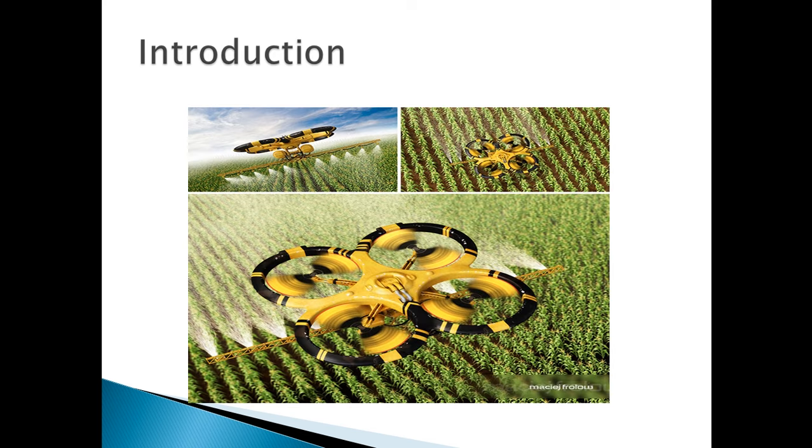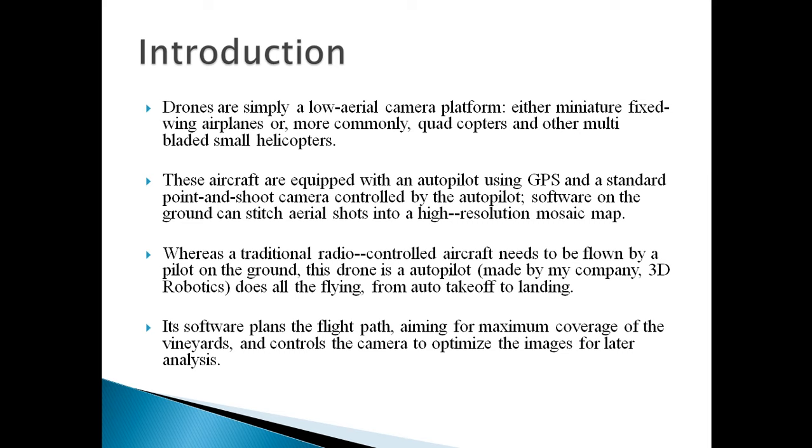This is about the drone, and here is the introduction of the drone. These are simply low aerial camera platforms, which means it doesn't fly too high, not more than 10 feet, either miniature fixed wing planes or, more commonly, quadcopters and other multi-blade small helicopters.